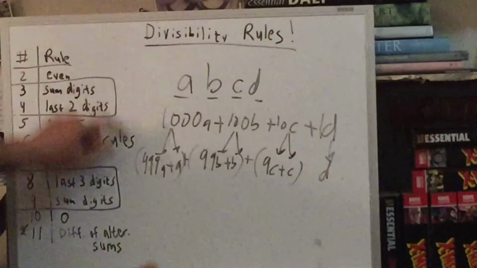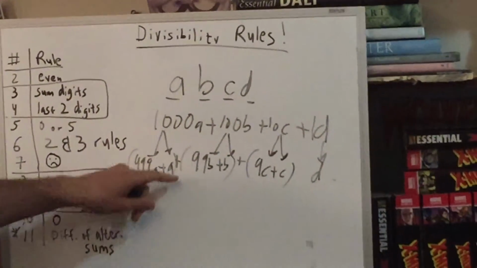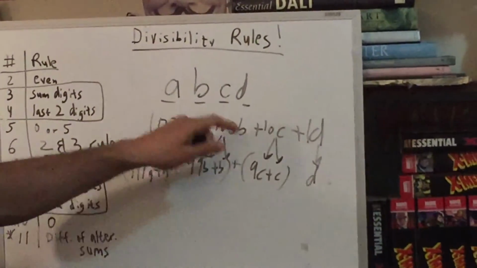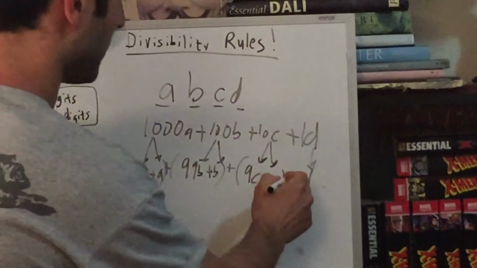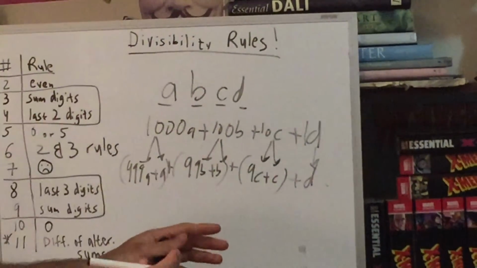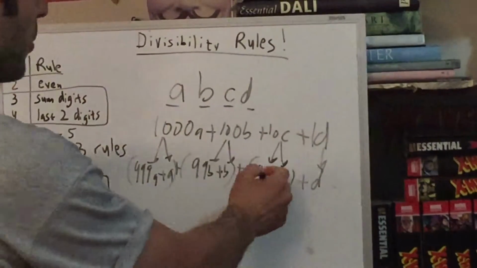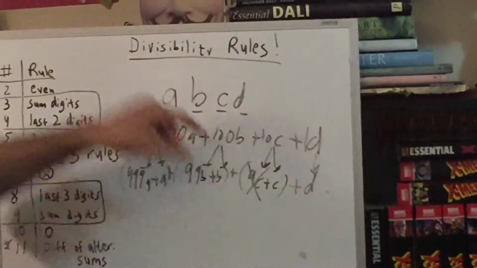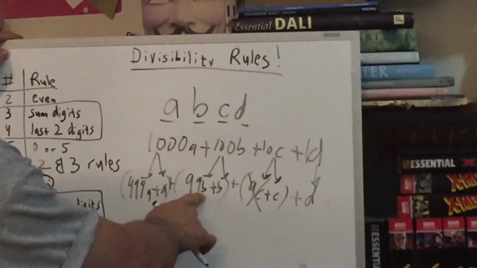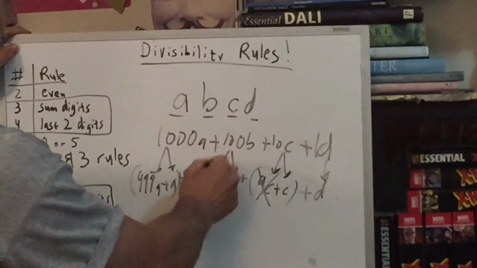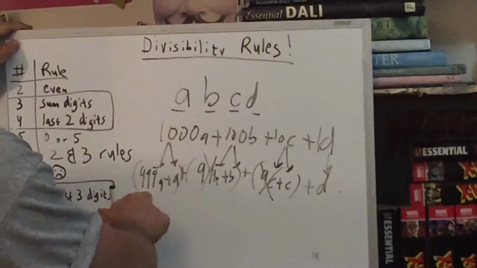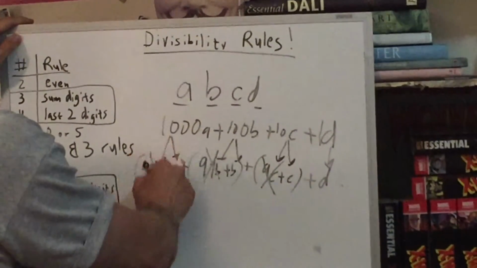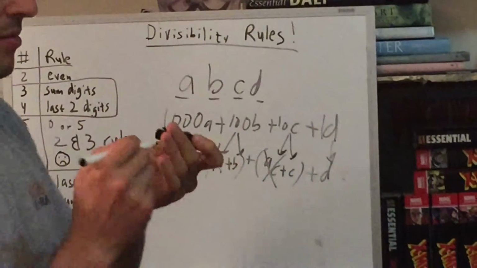So this says 999A plus 99B plus B plus 9C plus C plus D. And now why did we do this? Because now we can throw this out, because this is surely divisible by 3. 99 times any whole number is surely divisible by 3, so that's gone. And 999A is also divisible by 3. So that's gone, and so is my marker.